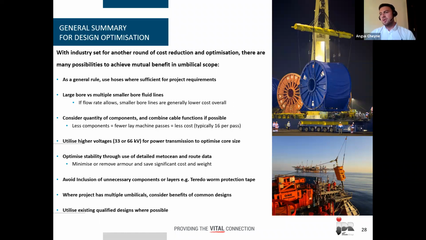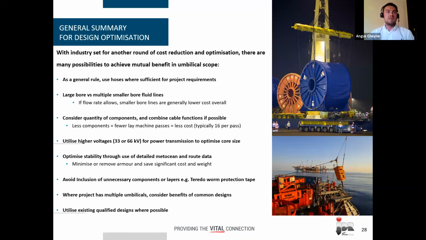You should also look to optimize stability. The armor wire is generally sized according to seabed stability requirements. So if we perform detailed analysis and use very accurate metocean and soil and route data, that means that we can potentially reduce, or even, if we're considering a steel tube umbilical, remove the armor.